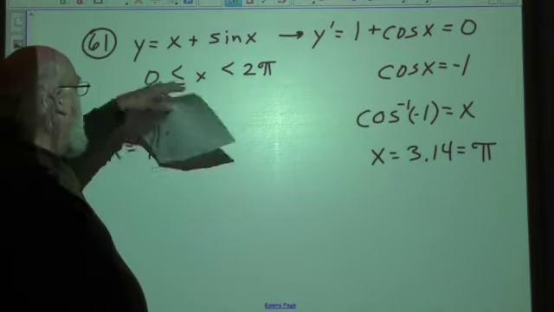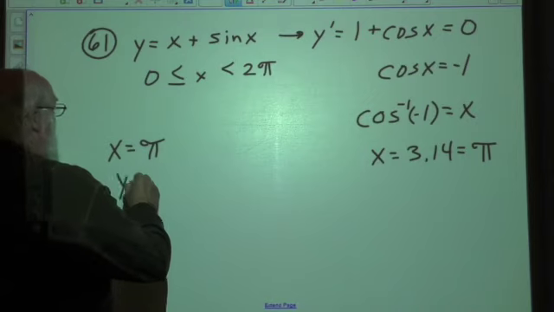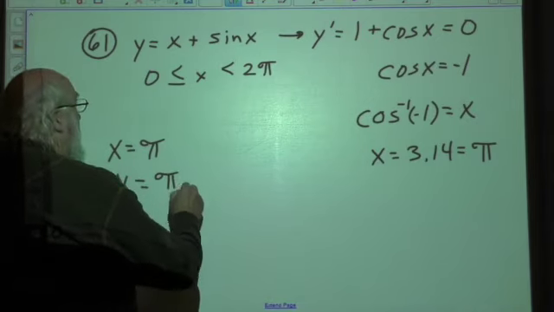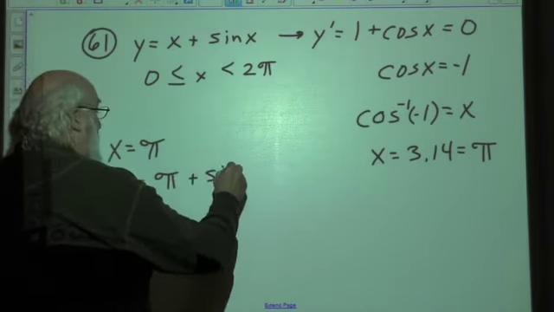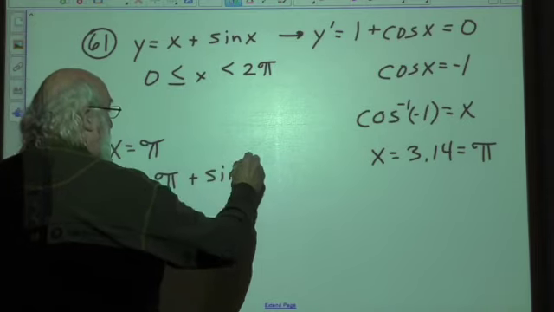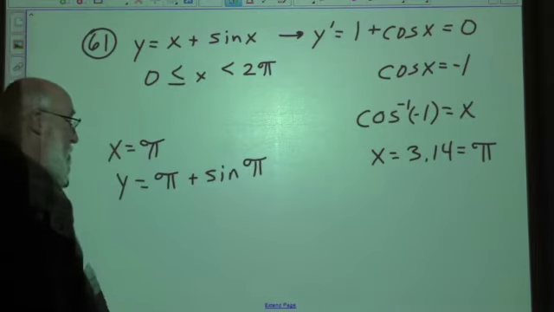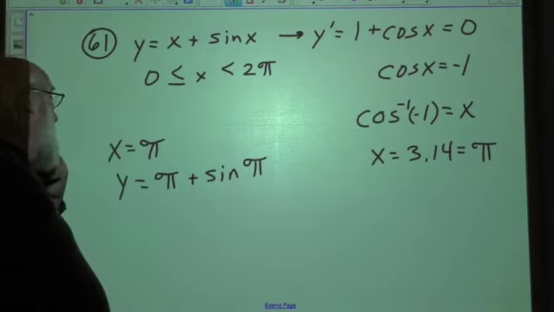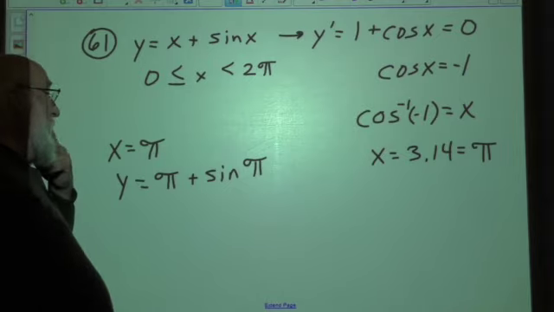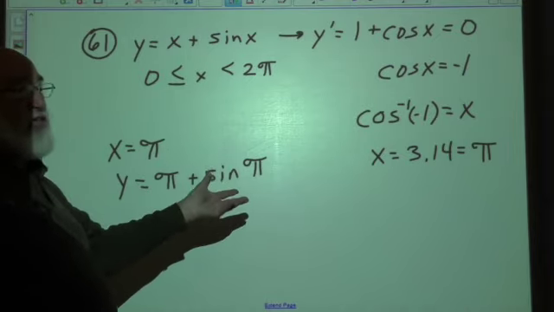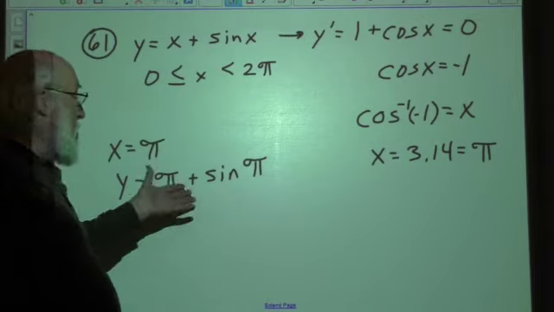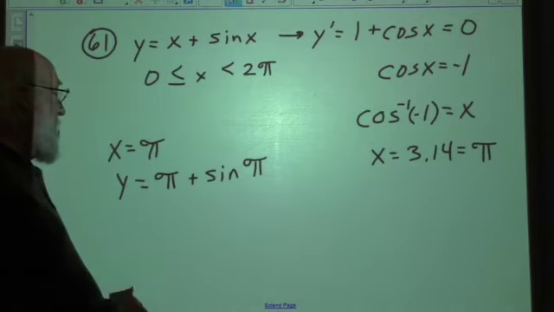So we plug that into the equation, y equals pi plus sine of pi. So if you type that into your calculator, well, sine of pi actually is 0, but if you don't know that, again, just type that right into your calculator.